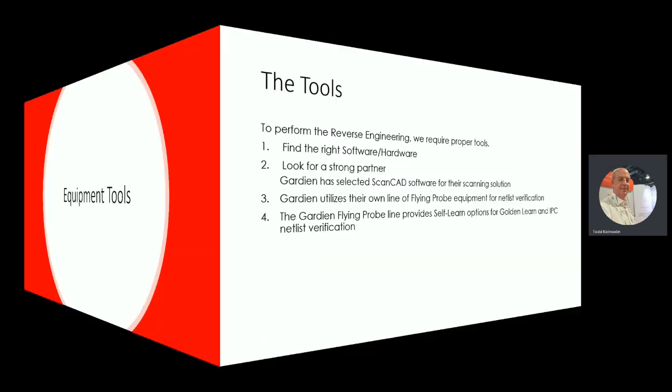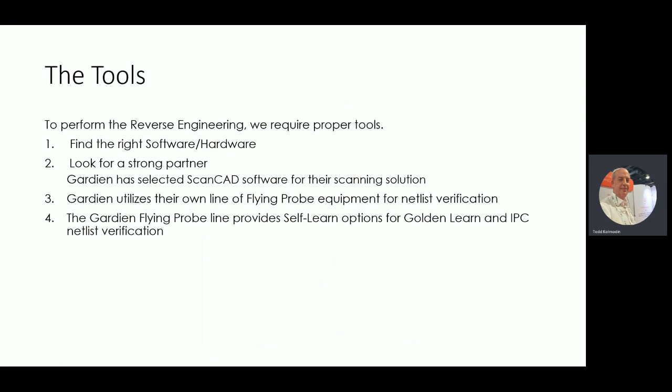And then with the equipment that you use, you definitely need to find the right software and hardware. Like I said, with the flatbed scanners, you want to have high resolution if you want to create a very good representation of the PCB.